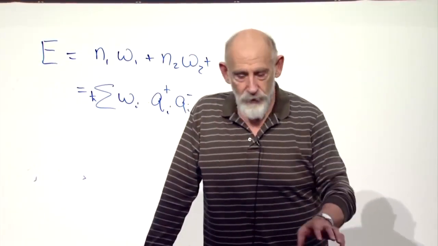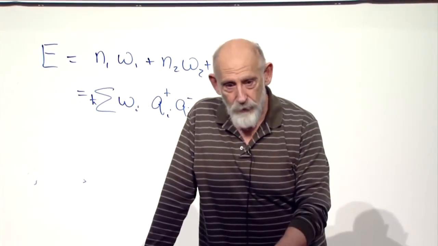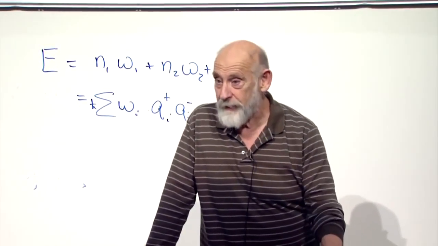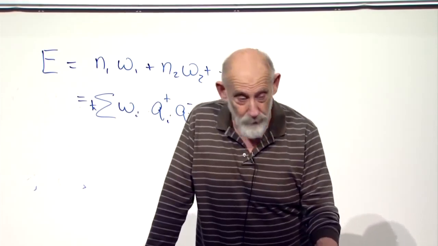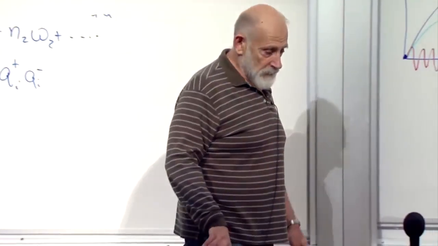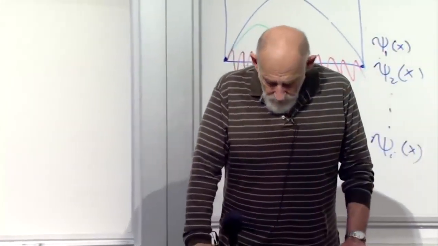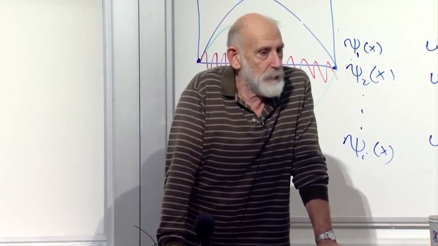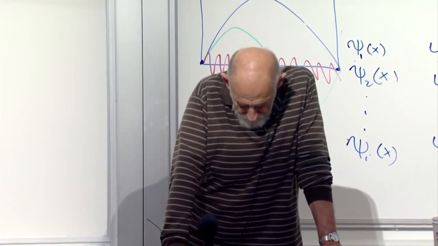There wouldn't just be the energy of particle 1 plus the energy of particle 2. There would be the energy of particle 1 plus the energy of particle 2 plus any kind of potential energy between them, for example. So that's correct. For the moment, we're talking about free particles. Free particles means particles which don't interact with each other.